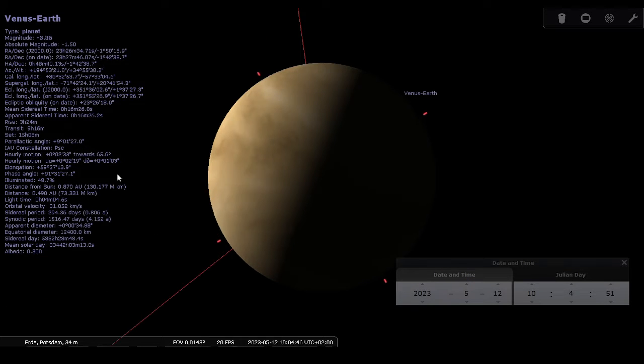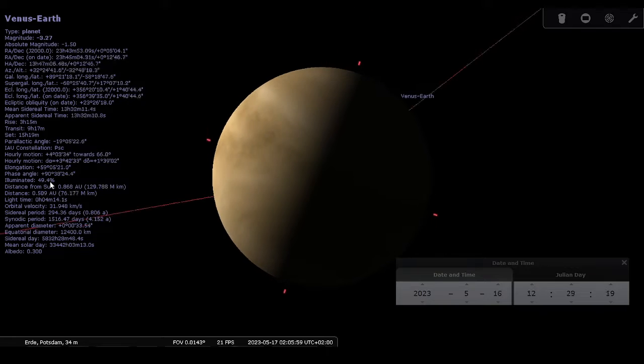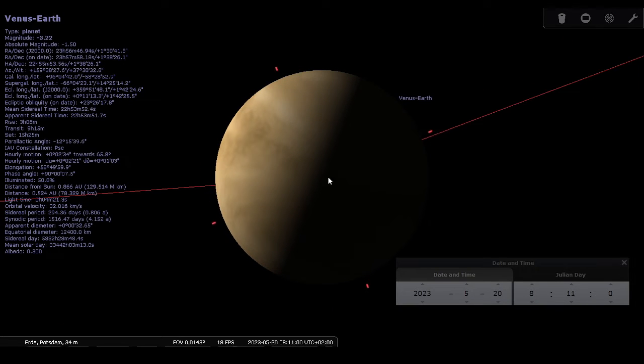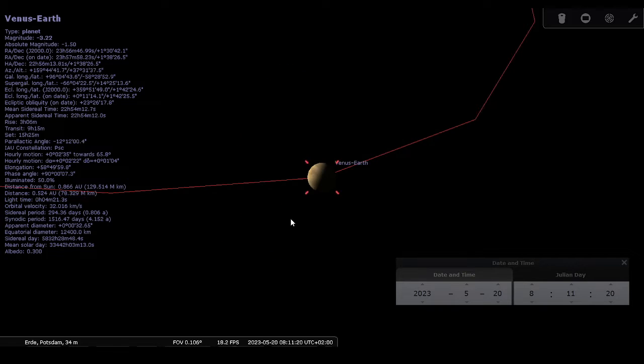And there's also illumination of about 50% right now, a phase like a half moon. And you still have an apparent diameter of more than 32 arc seconds. In comparison, Venus has an apparent diameter of about 24 arc seconds in that phase state.